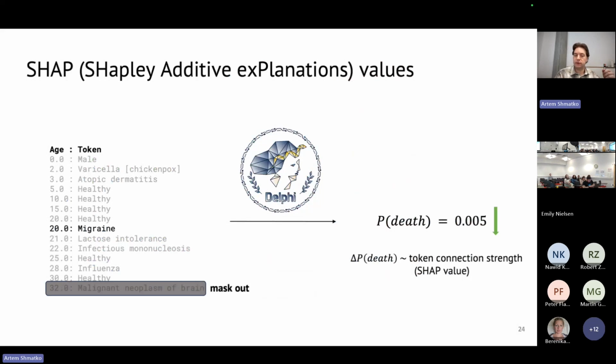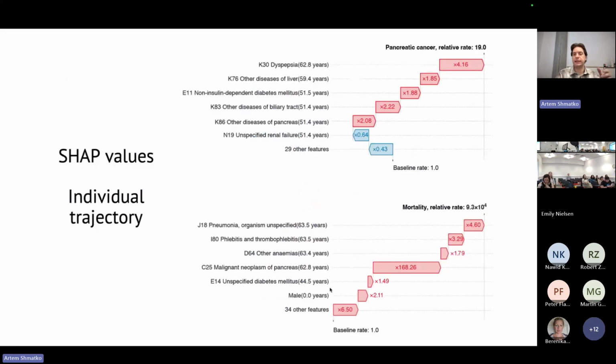And we can do this not only for death. Here we have a possible explanation of some person having an increased risk for pancreatic cancer predicted. We can see the baseline, the predicted value, and the tokens that Delphi uses for the prediction.